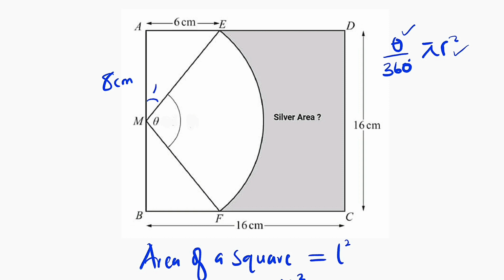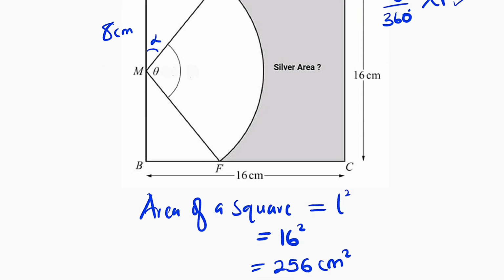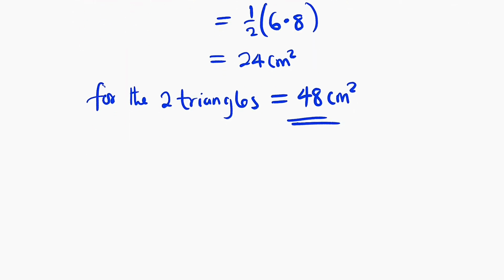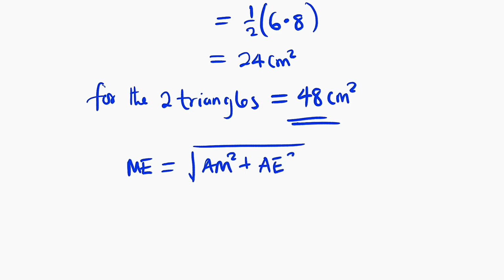Therefore, to find the hypotenuse of this right angle triangle, we can apply Pythagoras rule. Provided that this is our angle, the hypotenuse squared is equal to the opposite squared plus the adjacent squared. This implies that ME, which we are looking for, is the square root of AM squared plus AE squared, where AM is 8 and AE is 6.